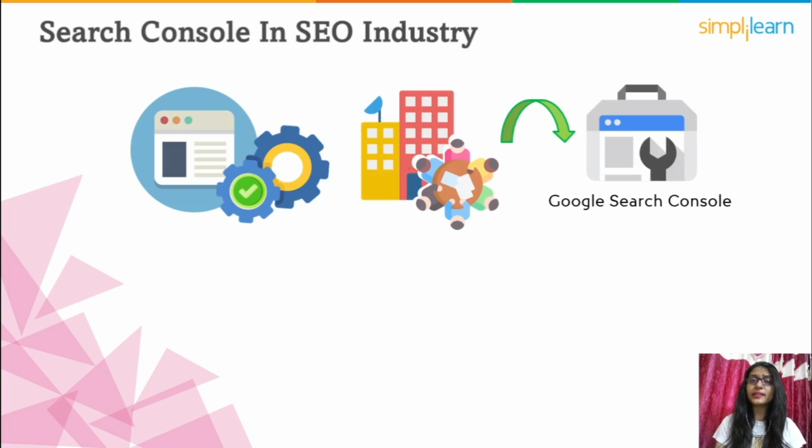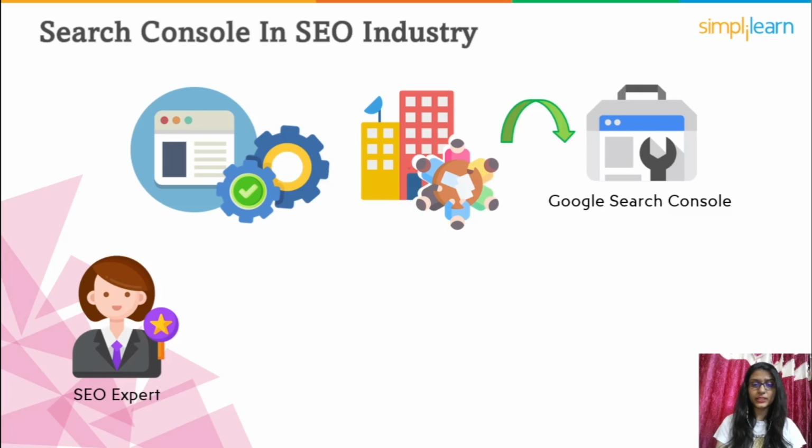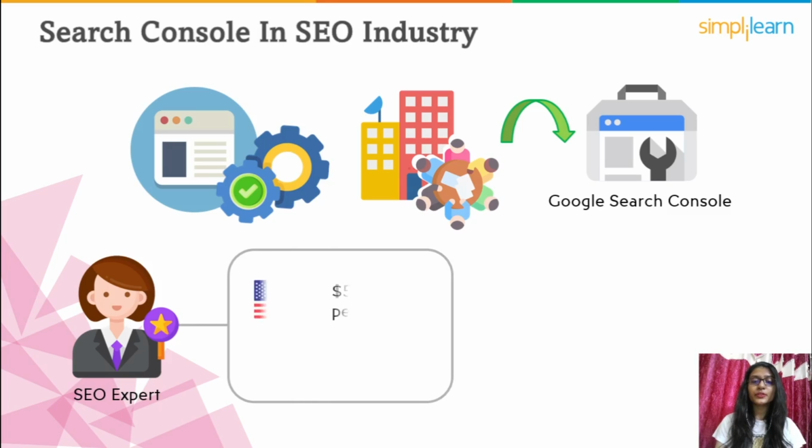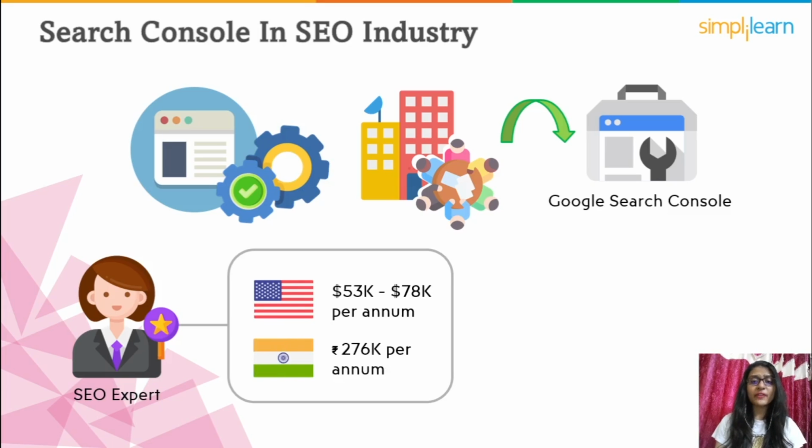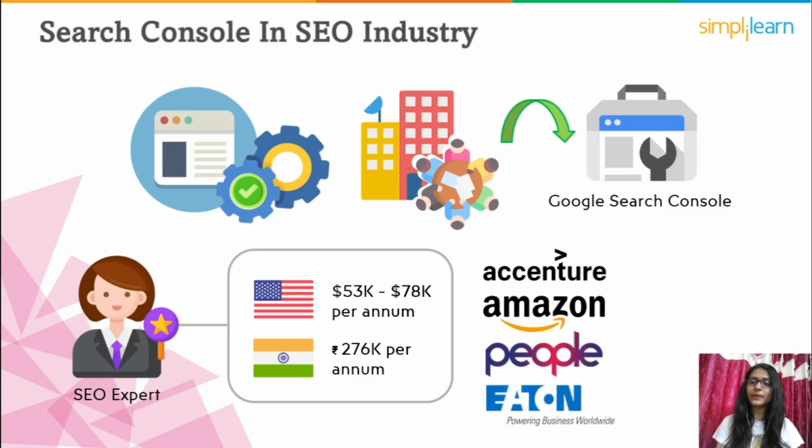The average salary of an SEO expert with Google Search Console skills in the US is $53,000 to $78,000 per annum, and in India it is 2,76,000 per annum. Some biggies in the SEO industry looking for these skill sets include Accenture, Amazon, People Group, Eaton, etc.